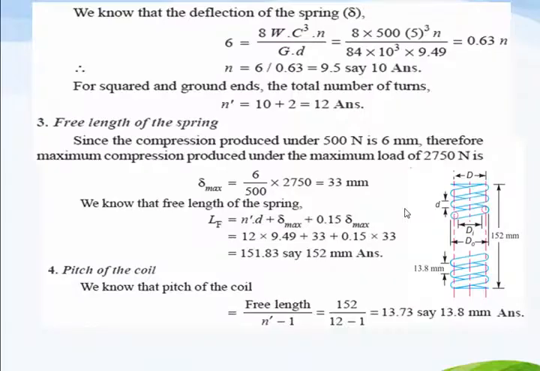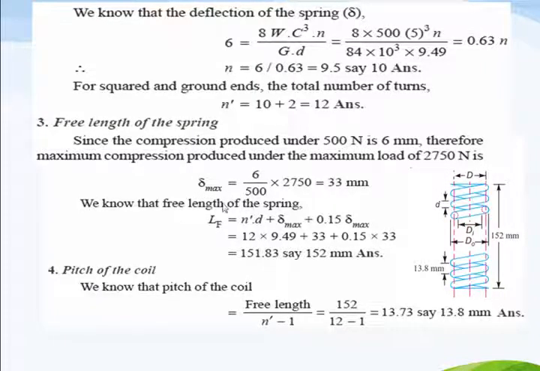Here we are finding the number of coils based on that load, because the 6 mm deflection is given for the load range of 500 newtons. The maximum operating load of this spring is 2750 newtons, and for that load we have to find the maximum deflection.